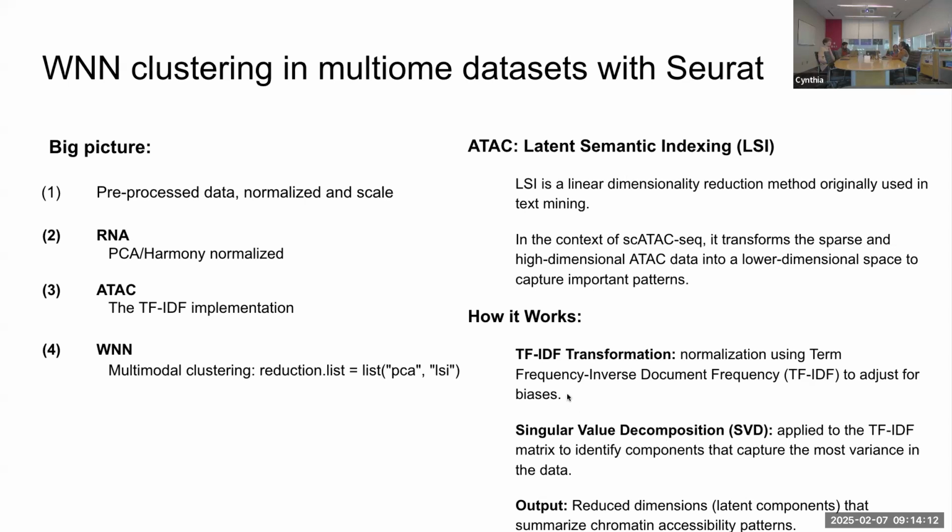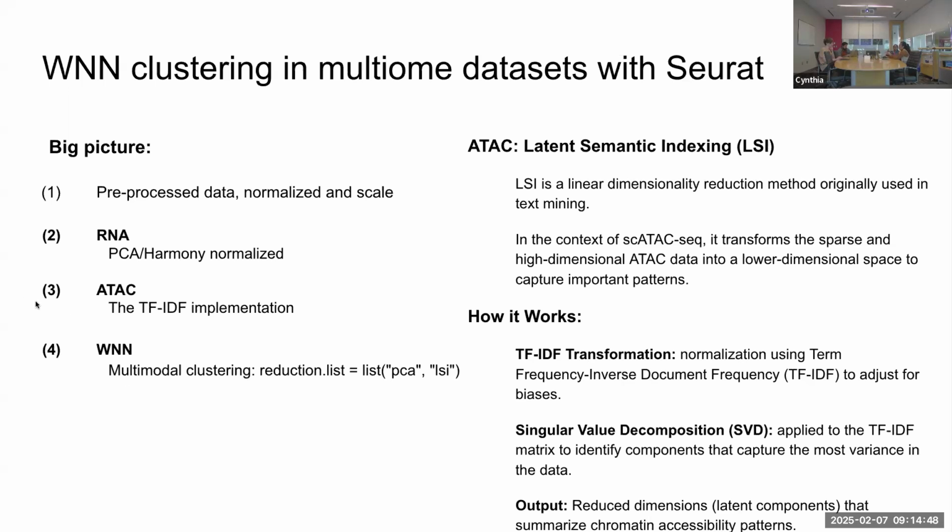How it works, basically, it has 2 steps. One is the term frequency-IDF transformation, which normalizes the data to adjust for biases. The second step is to apply the singular value decomposition to the TF-IDF matrix to identify components that capture the most variance in the data. At the end, the output is this reduced dimension that summarizes the chromatin accessibility patterns.